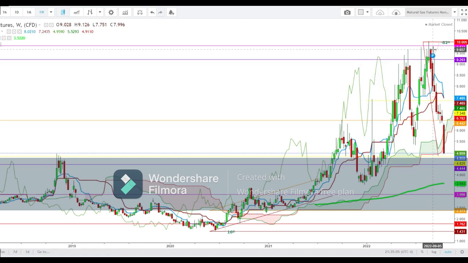Here you can see how the natural gas futures continued to slide up to the levels of 6.4, where the natural gas futures tried to find some support but could not, and finally found a breakdown well below the levels of 6.247 during the last week. And here you can see how the natural gas futures have finally found a steep fall that has broken the low end of Ichimoku cloud and currently closed the week at the levels of 4.959.